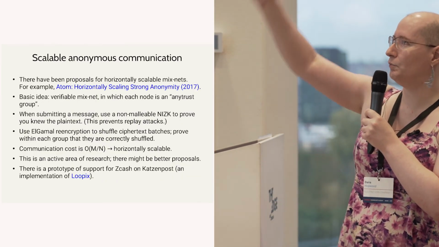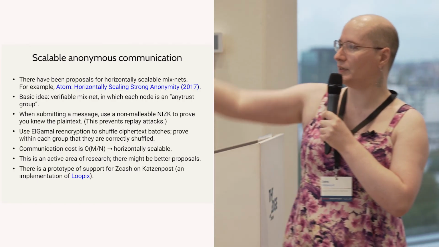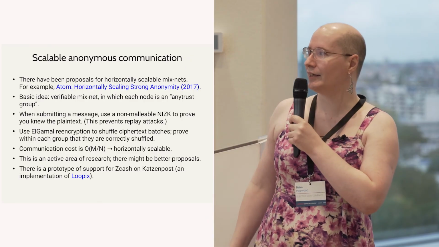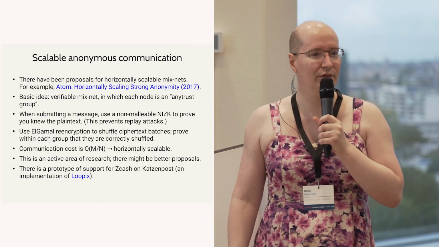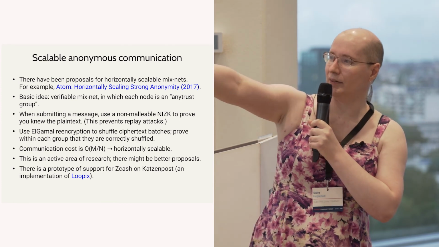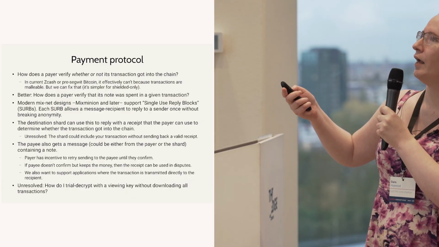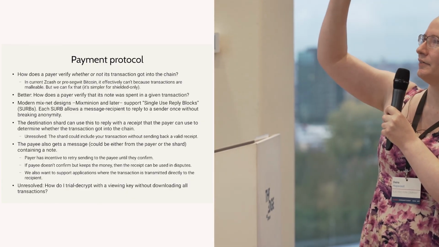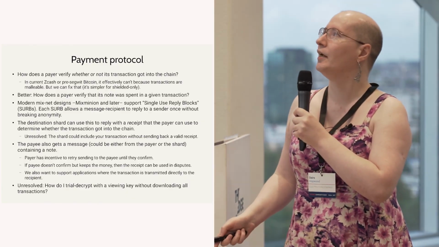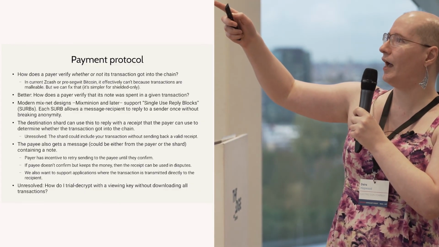Here are some proposals for mixnets. The details don't matter. There's already a prototype of support for Zcash on Katzenpost, which is a recent mixnet design based on the Loopix academic proposal. And this is the last slide, so there are some unresolved problems.